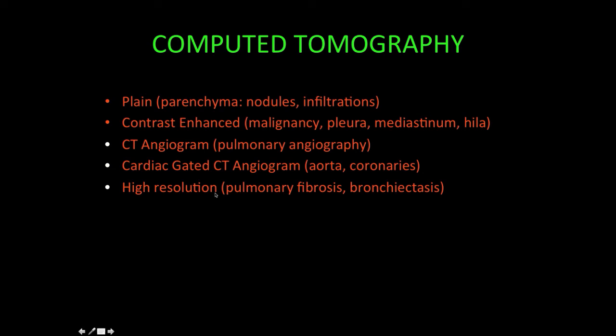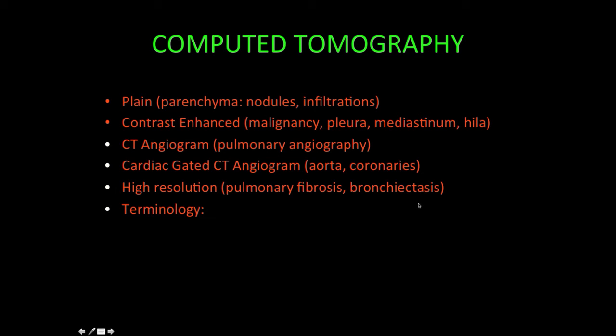High resolution CT is definitely not high definition television. It is only used to evaluate the parenchyma, especially when you're looking for chronic lung disease such as pulmonary fibrosis, and it is the exam of choice for bronchiectasis.